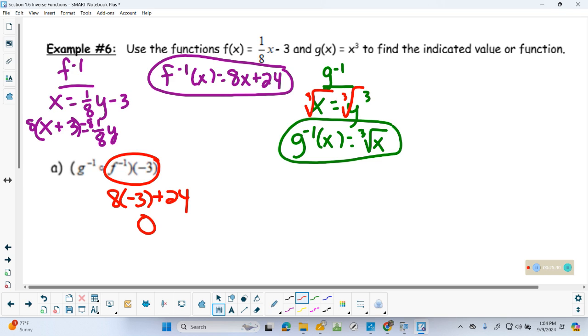Now we're going to take 0 and put that into G inverse. Over to the green. Probably can do that in your head as well. What's the cube root of 0? 0. Final answer is 0. Of course, I'm writing way more work than I expect you to. But you know, I can't help myself. Okay? So once you have those inverse functions made, I mean, that's light work. That's super easy. It's getting those inverse functions made.